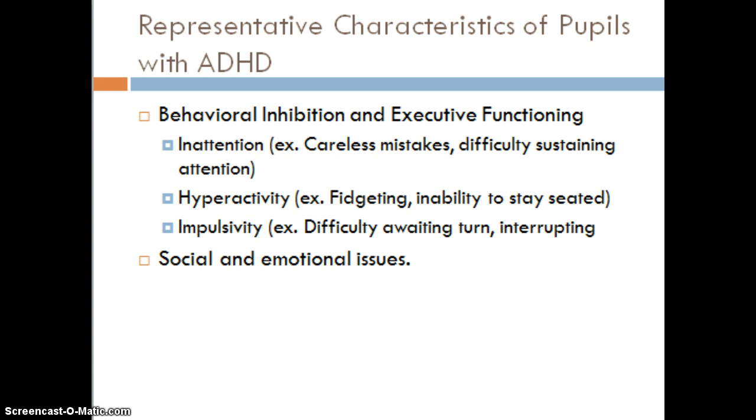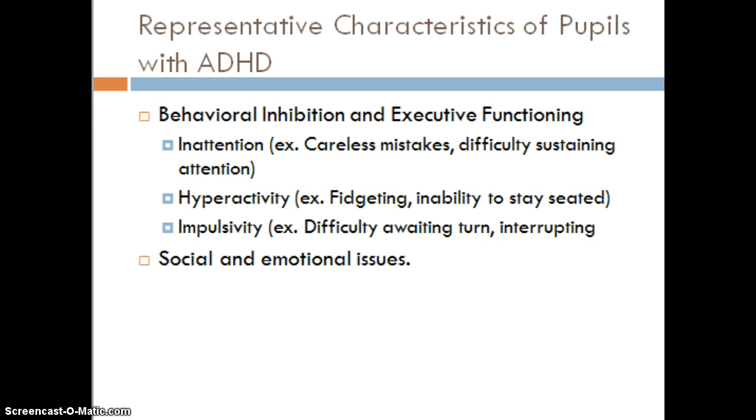However, just overall, I think behavioral inhibition and executive functioning are going to be those primary representative characteristics of pupils with ADHD. That inattention is going to look like a student makes careless mistakes, has difficulty sustaining attention, whereas the hyperactivity could cause a student to fidget, not stay seated, and impulsivity would really make it difficult for them to not interrupt and stay seated.